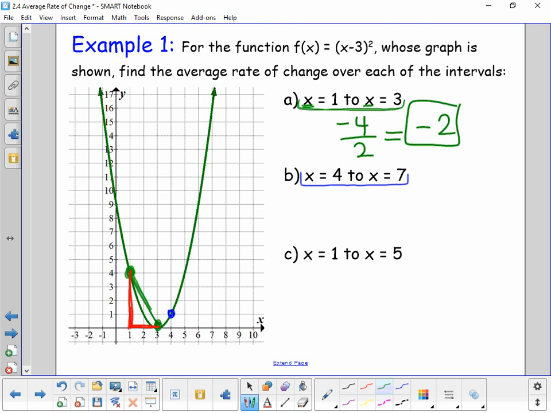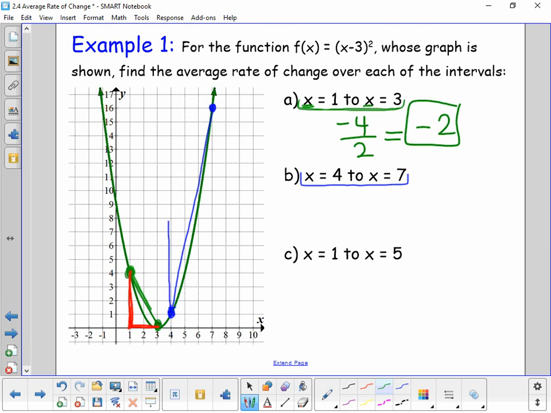Well, here is where x equals 4 on our function, and way up here is where x equals 7. So if we're finding the average rate of change between those 2 points, I can't draw a very straight line. We're essentially finding the slope of that sort of line that I drew.